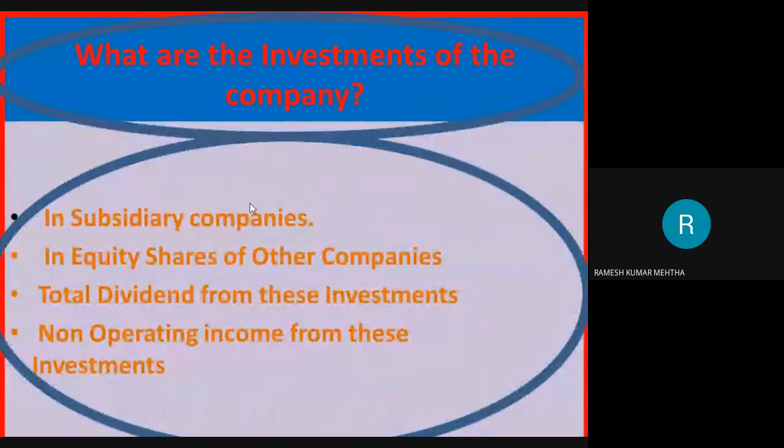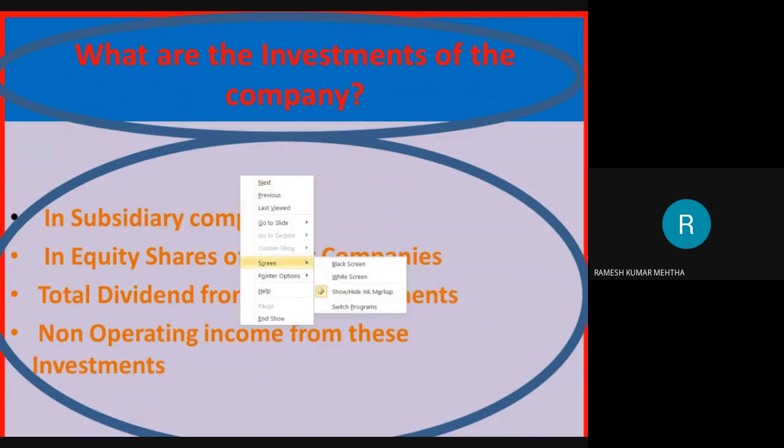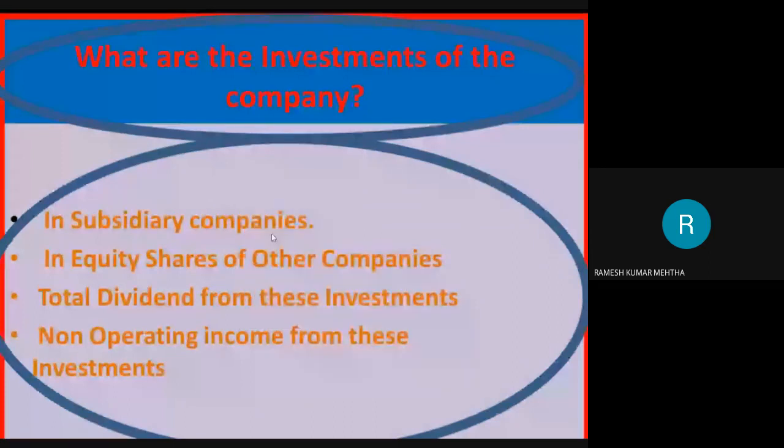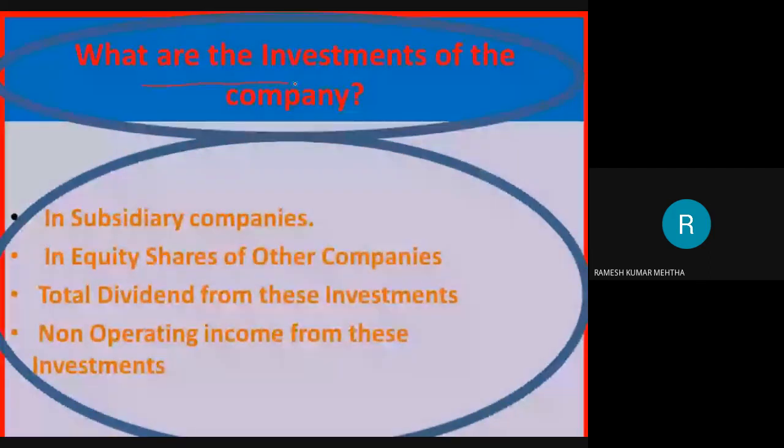Next one. Apart from the various factors we have just seen, like earnings per share, dividend per share, debt equity ratio, age of the company, price to book value, and price to earnings, there are some other elements, like the investments the company has made in subsidiary companies or in other companies.